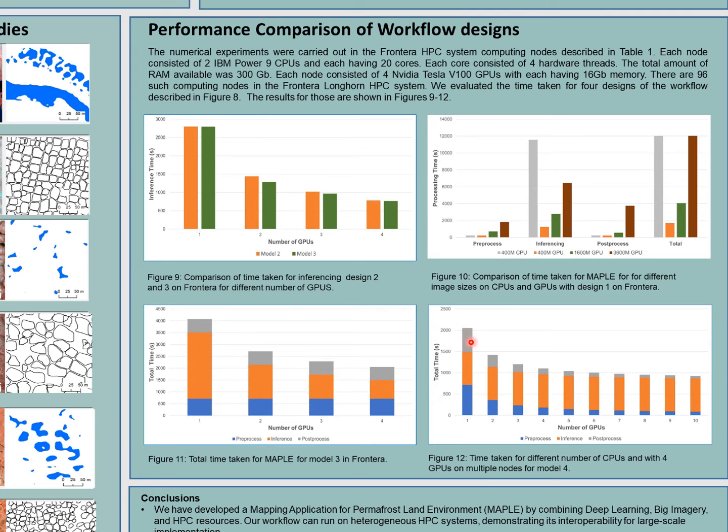Then we go on increasing the number of CPUs up to 10, and you can see that after 5 CPUs the speed up saturates. So we can select 5 as the optimal number of CPUs with Frontera and this accounting setting.